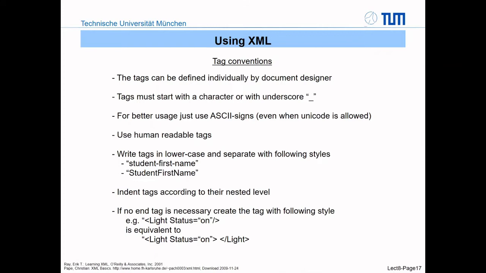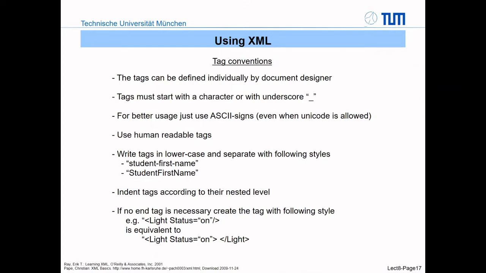So it's similar to a programming language, and in principle XML is a programming language for the description of a structure. And if there is no end tag, then there is a special style tag. If you just have, for example, a tag with an attribute, like here, light status on or off, then there is no information between the start and the end tag.